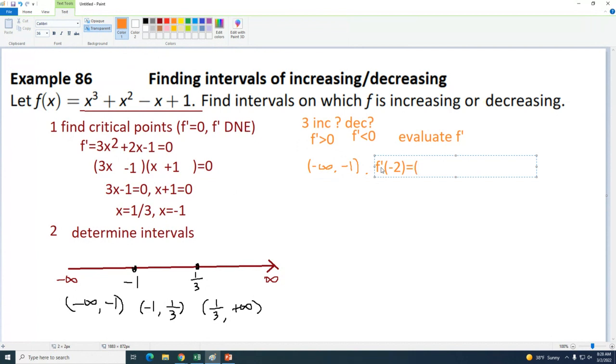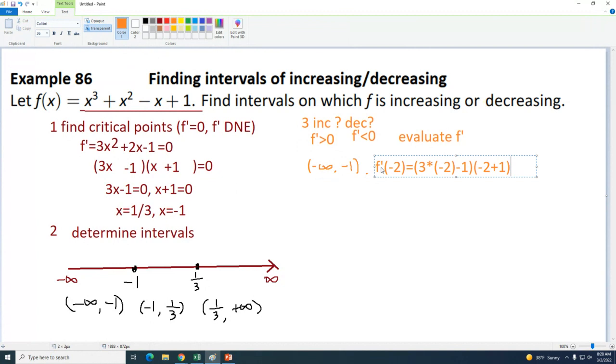The calculation is going to be 3 times (-2 minus 1) times (-2 plus 1). I'm using the factor form as a way to determine whether it's increasing or decreasing.